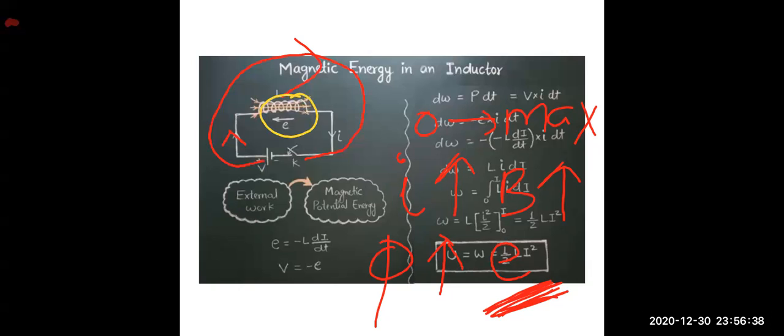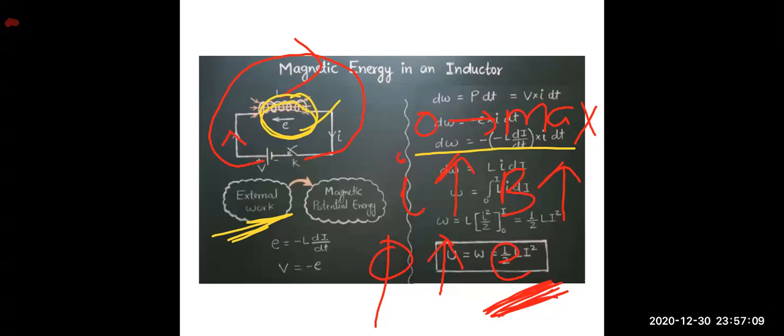Now children, here the battery is trying to increase its current from 0 to maximum, but opposite to this, an induced current is produced. So if the battery wants to maintain the current in the circuit, then it has to do some external work, right? The battery has to do some external work, and this external work will be against the induced EMF because the EMF is stopping the current from increasing.